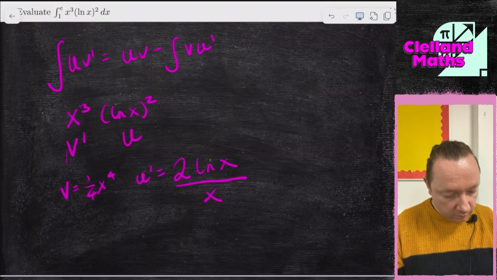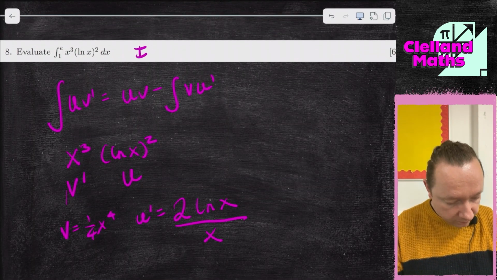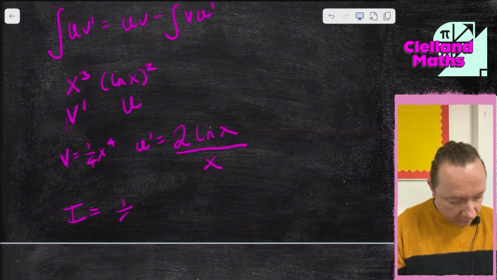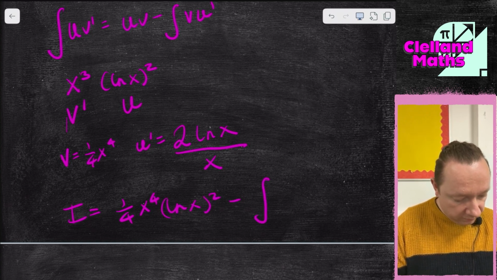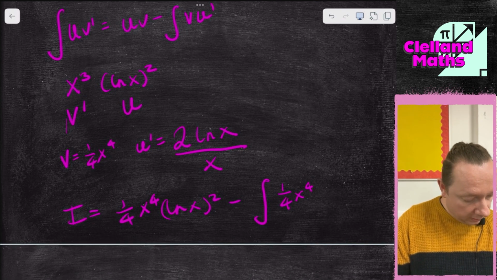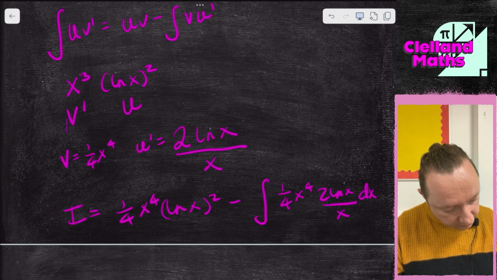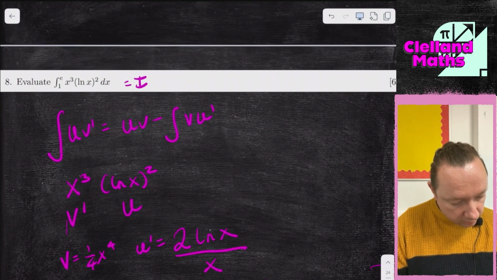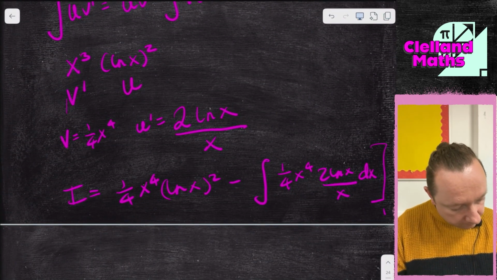Okay, so our integral, let's just call that I, which is a quarter x to the 4 log of x all squared, minus the integral of v, which is a quarter x to the 4 again, times u dash, which is 2 log x over x dx. Obviously my limits are 1 and e.